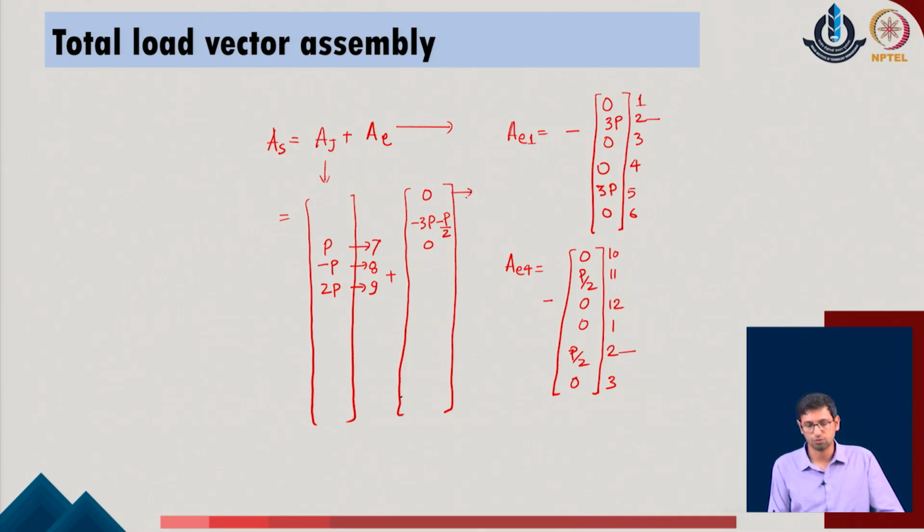So, we consider that this is 1, 2 and 3 position of the given system. Similarly, then 4, 5 and 6, which are 0, minus 3p and 0. Then 7, 8, 9 are all 0.